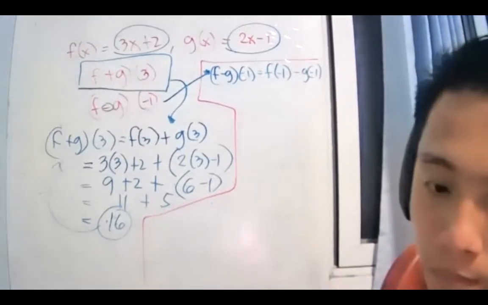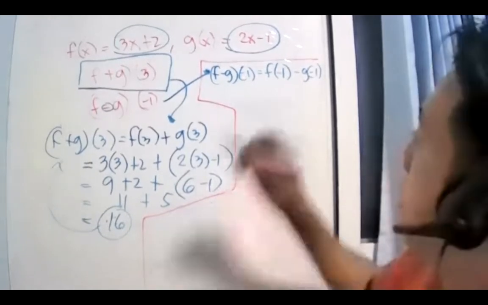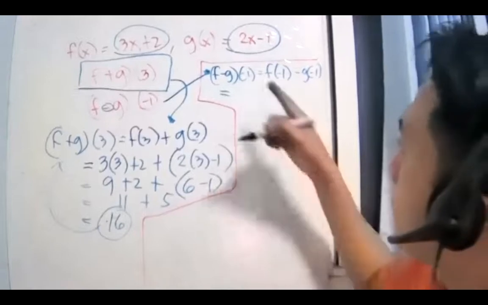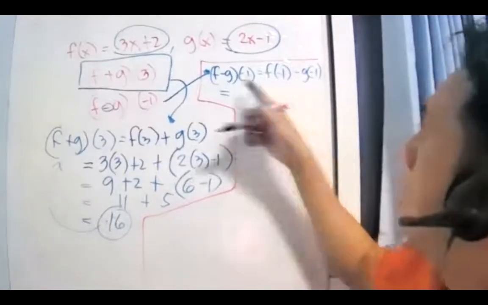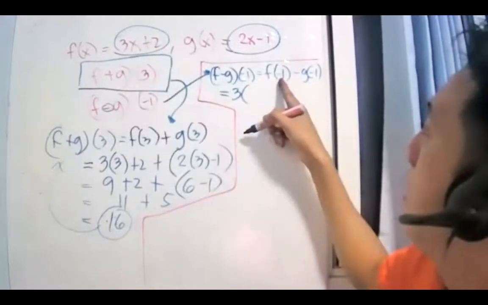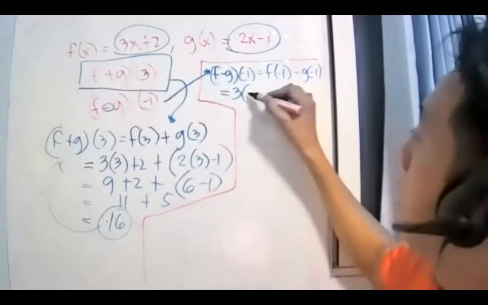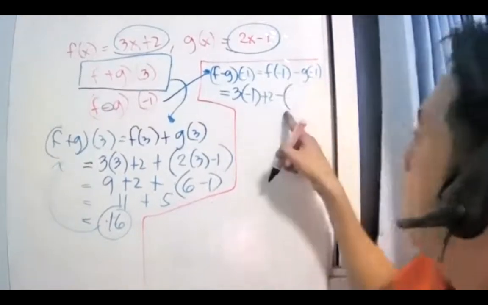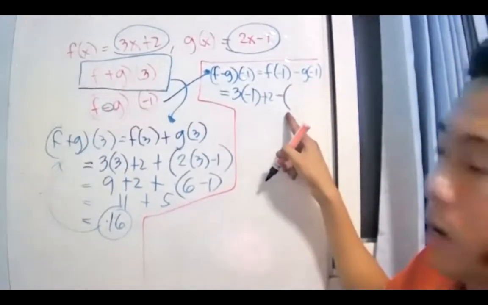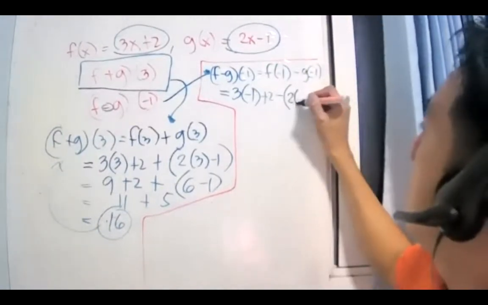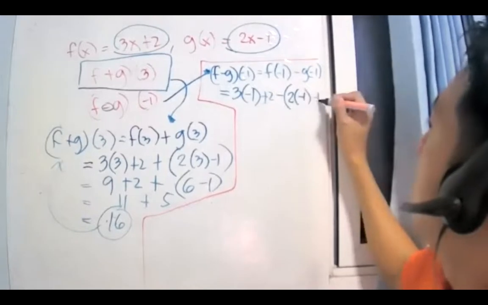So equals, here we have f of negative 1, we have 3x, and x will be changed as negative 1, plus 2, minus, we have here an open close parenthesis, so we have to change this x, so negative 1 minus 1.